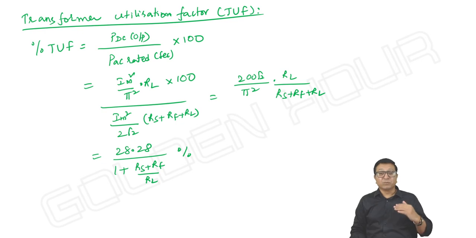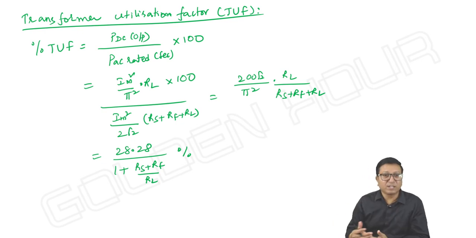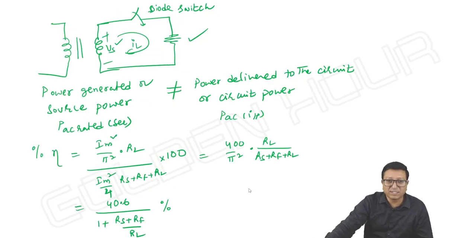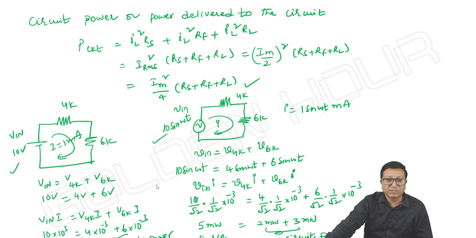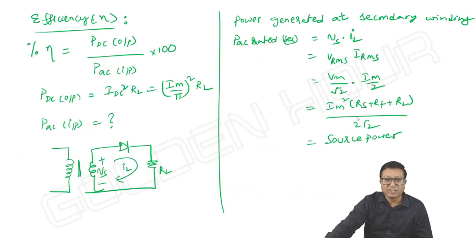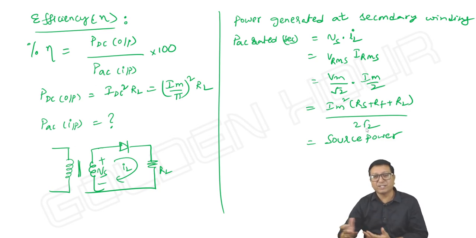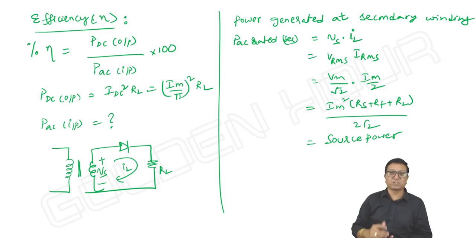With respect to the original source, the conversion efficiency is less because the source power is no doubt greater than the circuit power. Here, what is the source power? It is Im square by 2 root 2 into Rs plus Rf plus RL. That is the source power, right? And circuit power is no doubt less than source power. How can we get circuit power more than source power?